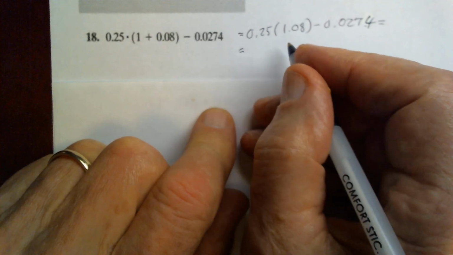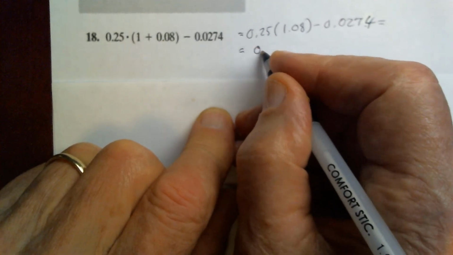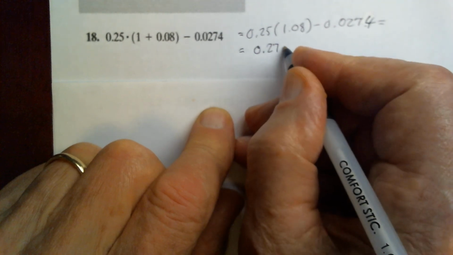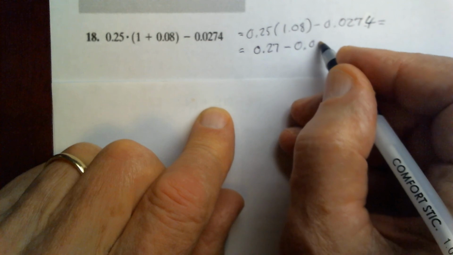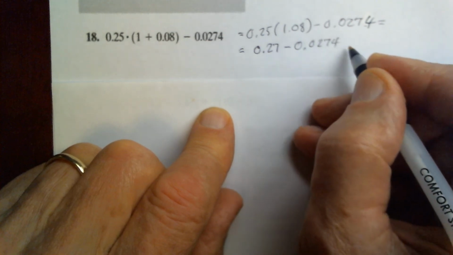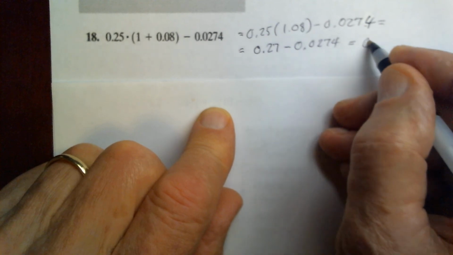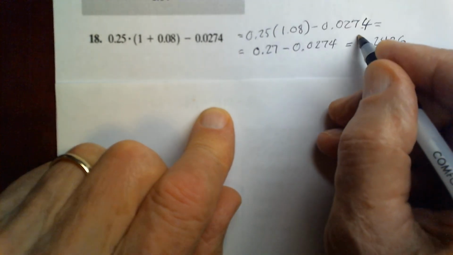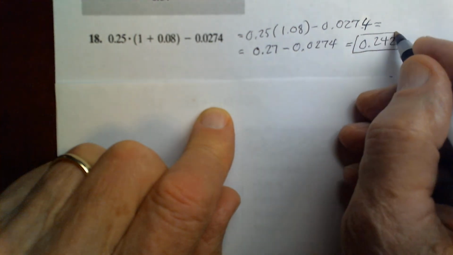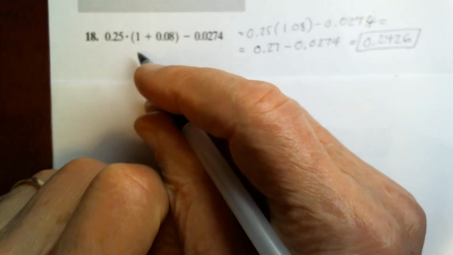And 0.25 times 1.08 is equal to 0.27, minus 0.0274, and that is equal to 0.2426. So that's the answer for number 18.